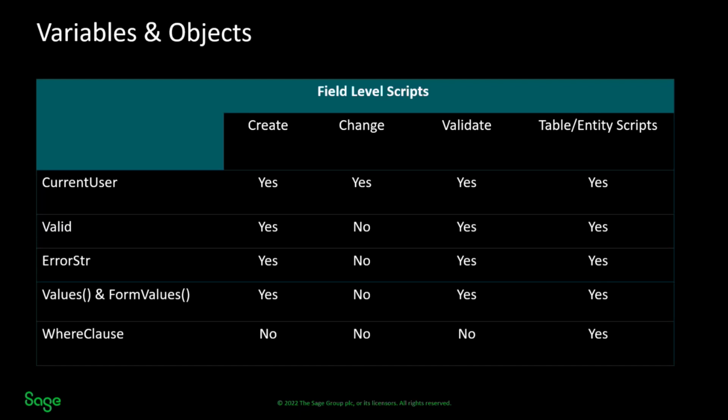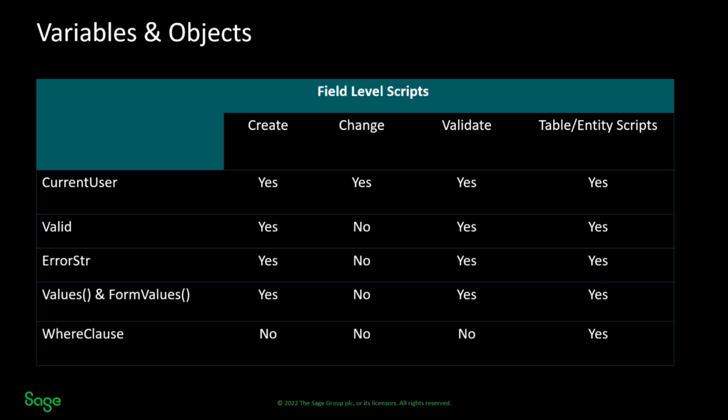But the valid and error string, these diagnostic tools, I've used very often for the informative behavior that they provide, as well as the triggering of the blocking behavior for entity level scripts with rollback and within the behavior in validate rules.